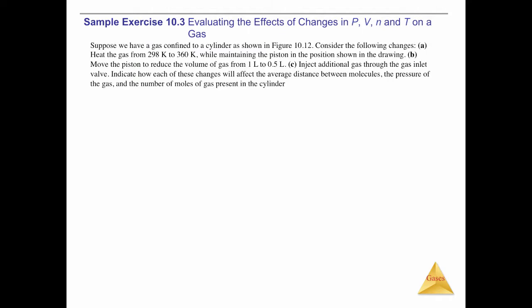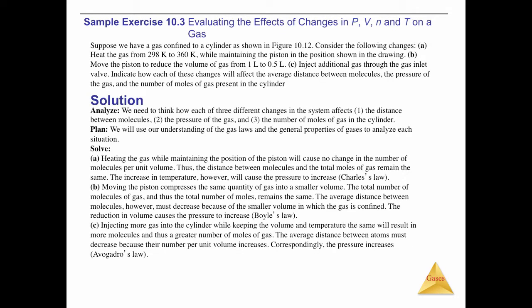Sample exercise 10.3, evaluating the effects of changes in pressure, volume, moles, and temperature on a gas. So suppose we have a gas confined to a cylinder as shown in figure 10.12 in your book. So this is just a cylinder with a piston.